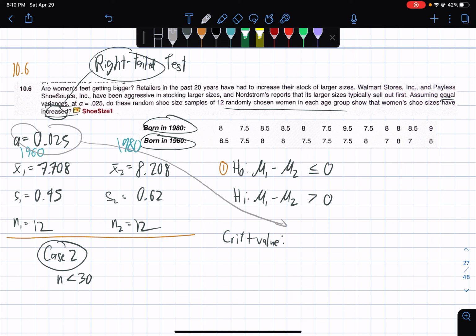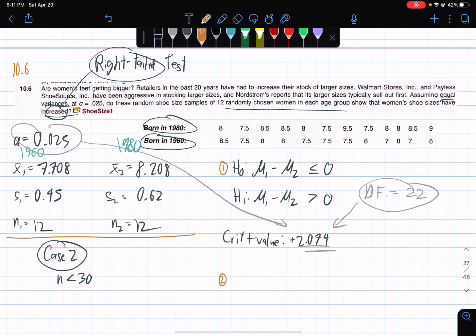Oh, no, we need to look for the degrees of freedom. 12 plus 12 minus 2, that's 24 minus 2, 22. And then the critical value at 0.025 is 2.074. It is positive because it's a right-tailed test.